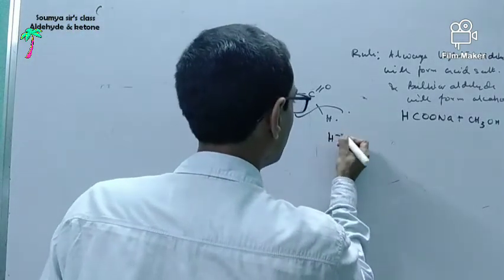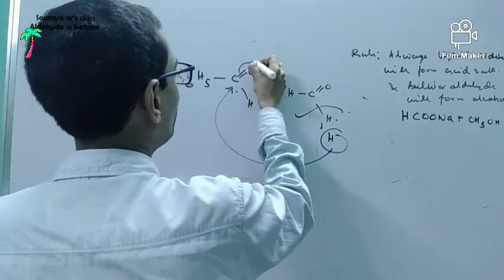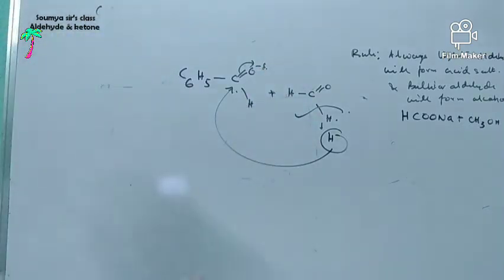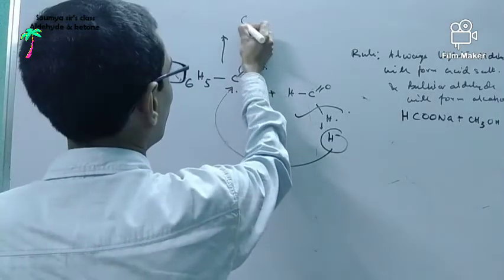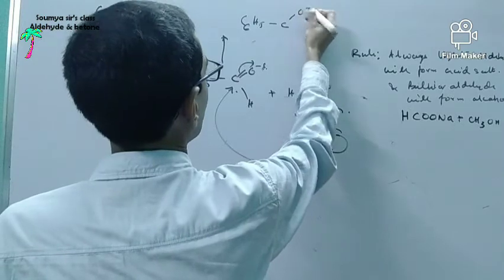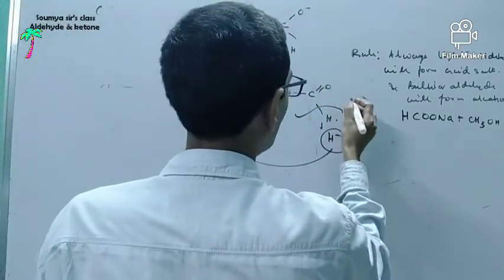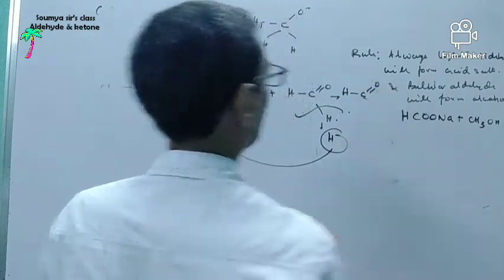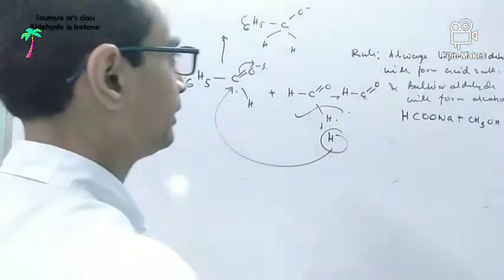As the hydride H minus shifts, it will attack the carbocation zone because the electron comes over oxygen. As a result, the benzene part will form C6H5CH2O minus. This is step one, the slowest part, as I discussed earlier.